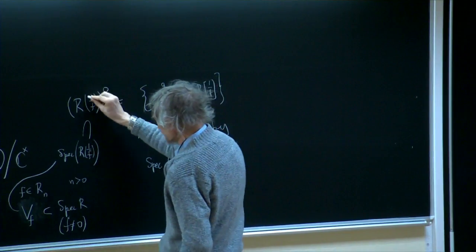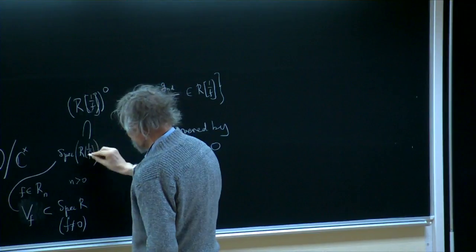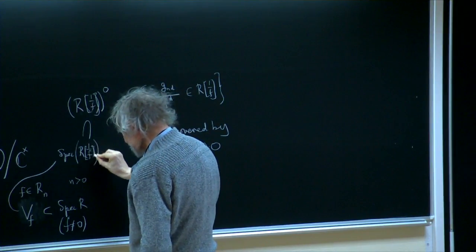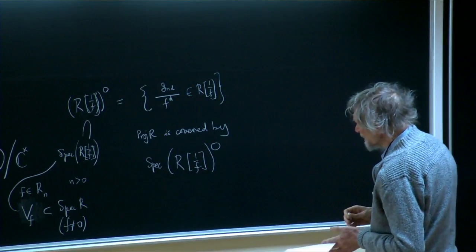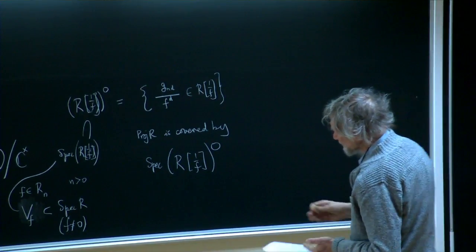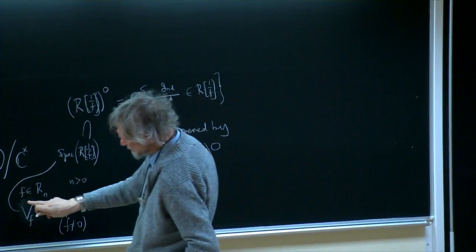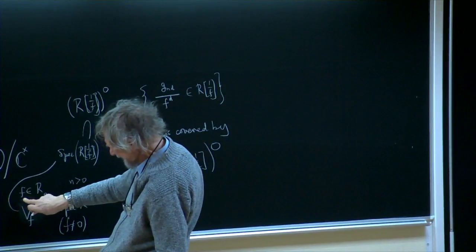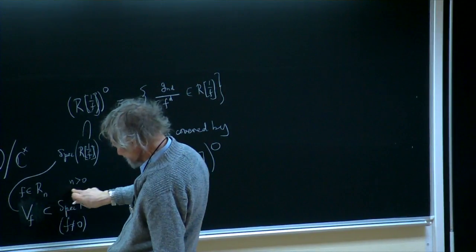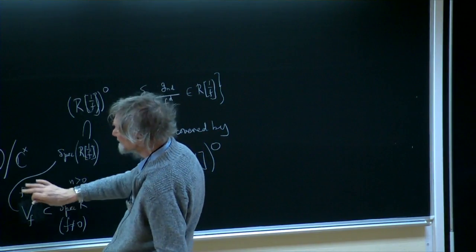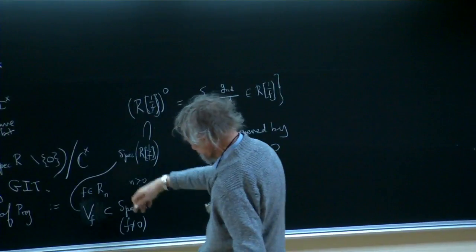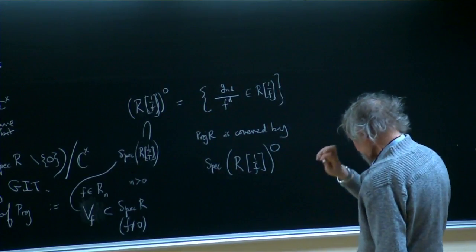I should have written square brackets, it doesn't really matter. I'm adjoining an element to a ring, so this is a partial localization. Yes? And you can do this for every f in R_n with n greater than 0. If f is of degree 0 and non-zero, then you just get the empty set, so you get nothing at all.